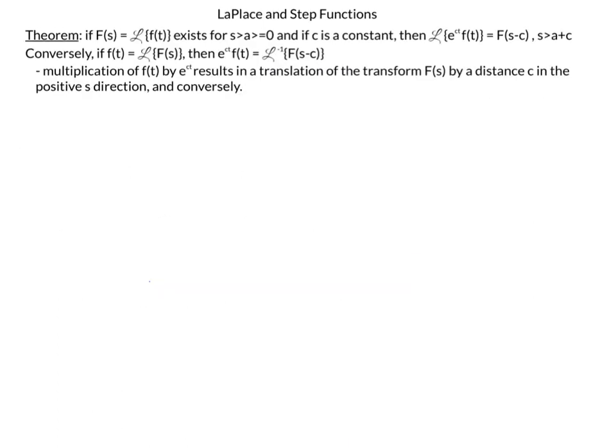We have one more theorem that's related to our previous one that says multiplication of f of t by e raised to the ct results in a translation of the Laplace transform by a distance c in the positive s direction.